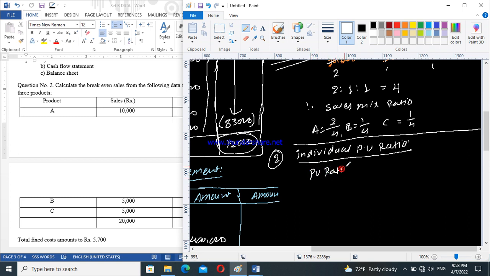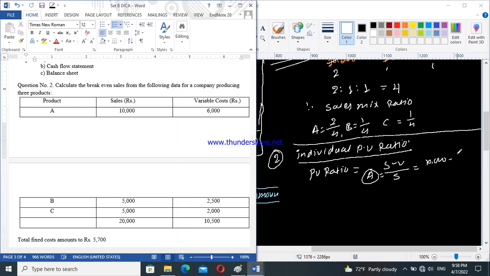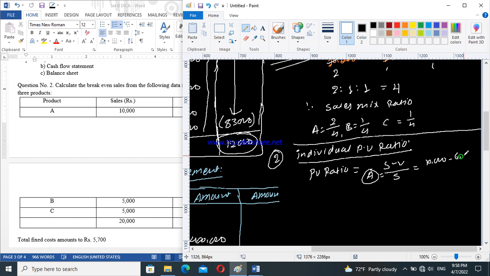PV ratio is equal to S minus B divided by S. For A, S means we have 10,000. 10,000 minus 6,000, divided by 10,000. The PV ratio is 0.40. Move on next.